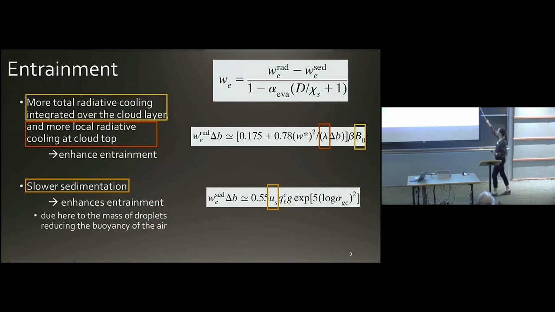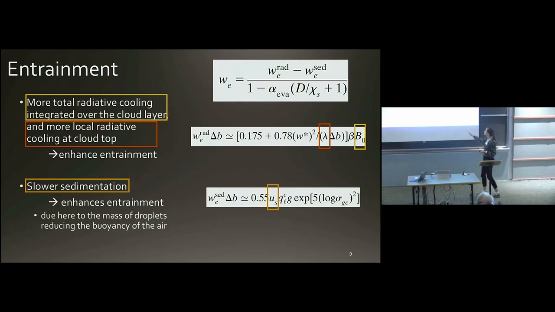That's captured by this term out here. But it also depends specifically on how concentrated that cooling is right at cloud top. Is it all occurring primarily right at cloud top, or is it more distributed through the cloud? And if it's occurring right at cloud top, then we would expect the impact from radiation to be even stronger. And that's coming through this extinction length appearing here.